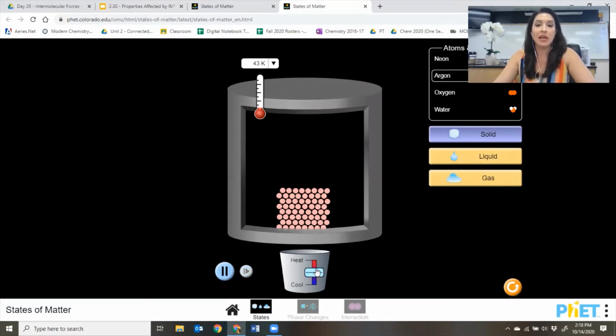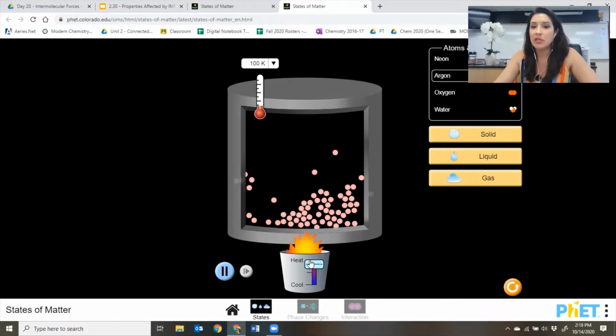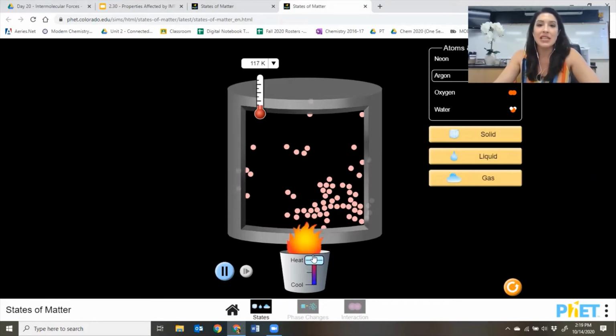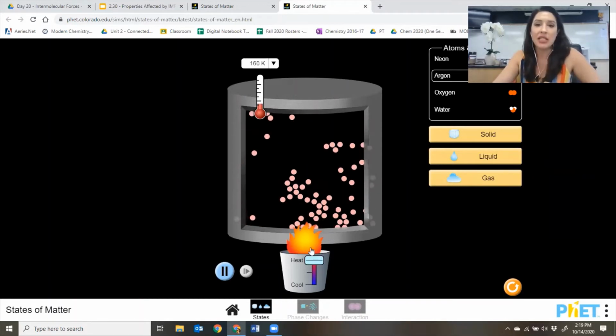So I have a solid, my molecules are vibrating, they have motion, albeit very small particle motion. But as we turn up the heat, the energy increases, the spacing between the particles gets larger as the intermolecular forces are overcome by this increased heat. And my molecules are now more free to move around and to spread out in the container.